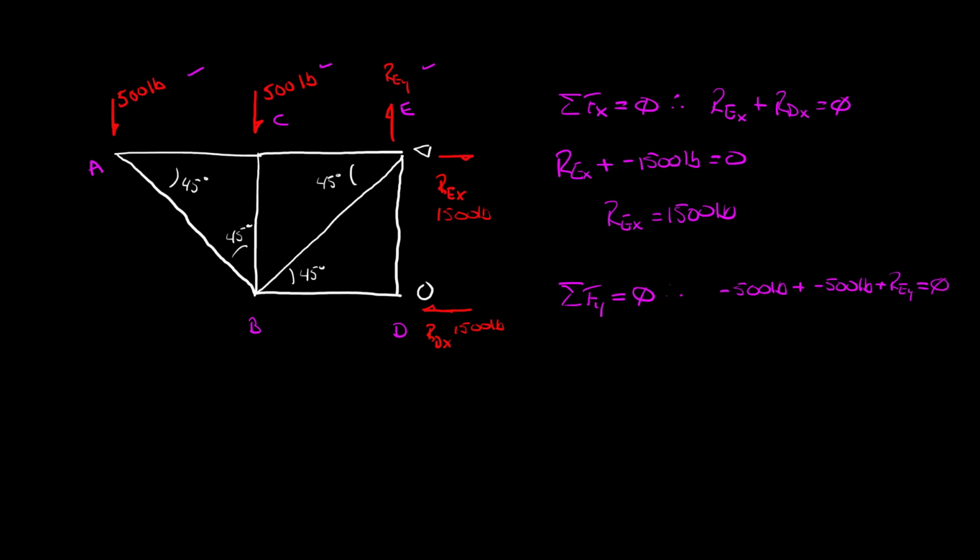That basically adds up to say that REY has to equal 1,000 pounds, and that is up. And REX is right, the way I drew that. So let me update my diagram. And this is 1,000 pounds. Sorry about that. Let me fix that and make it 1,000 pounds.